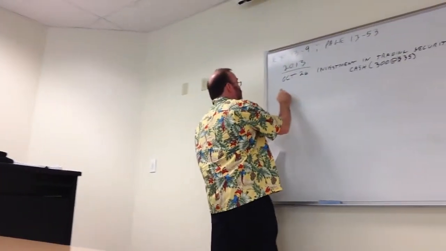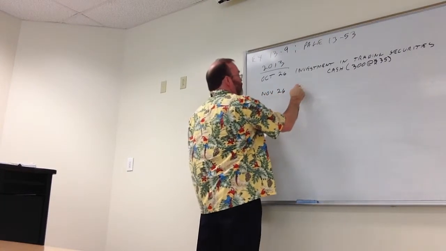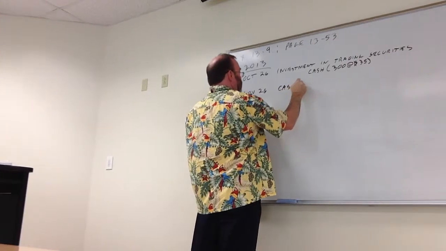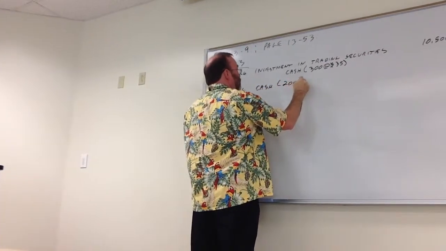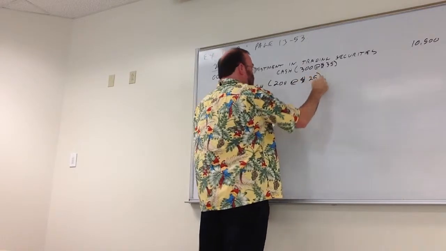Then on November 26th, we sold the 200 shares of Eglin Corporation common stock that we were holding at the beginning of the quarter, and we got $25 a share. So on November 26th, we're going to debit cash for the 200 at $25 a share.